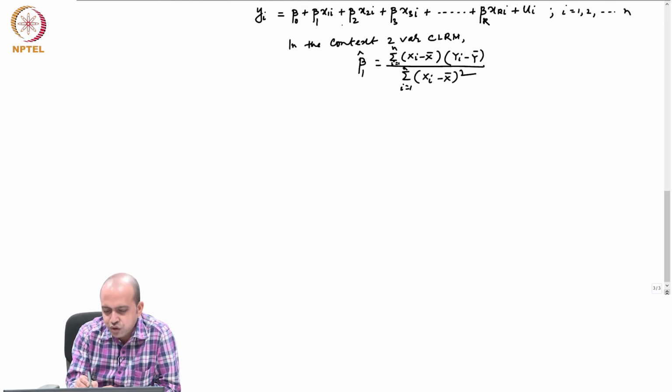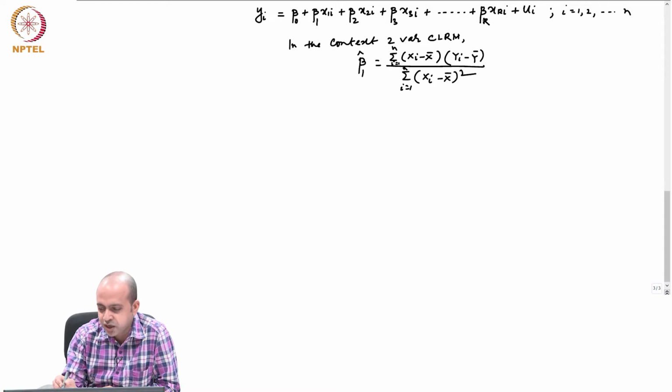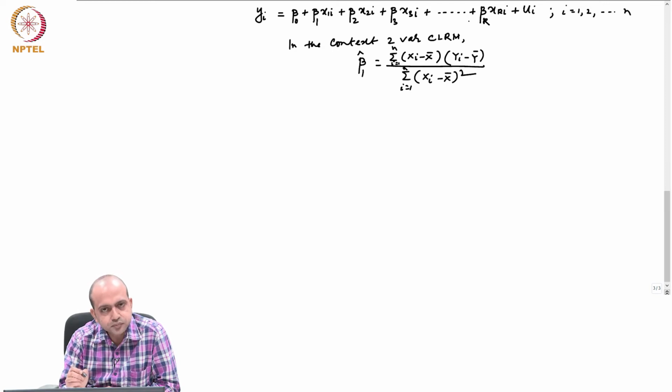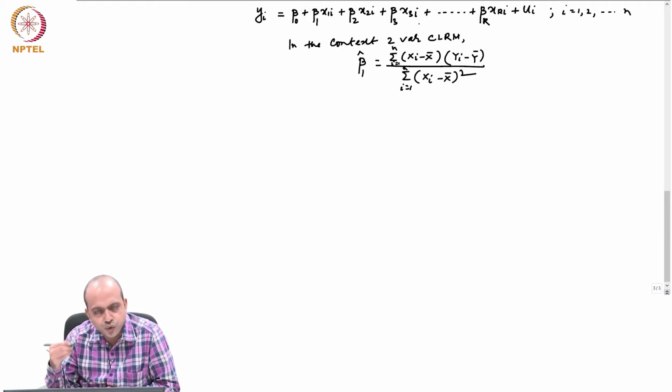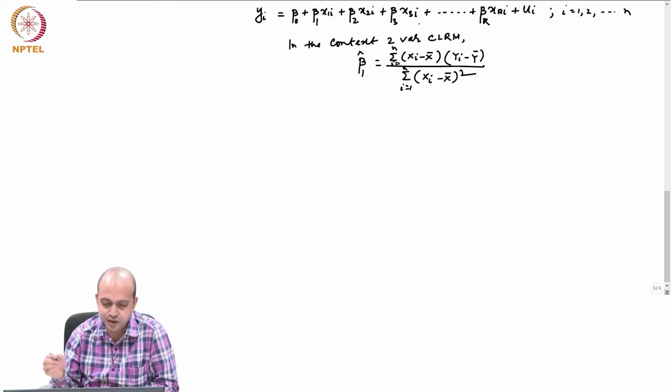This equation, yi equals beta 0 plus beta 1 x1i plus beta 2 x2i and so on, is for the ith individual. We can substitute i for 1 to get the equation for the first individual, i for 2 to get the equation for the second individual, and likewise for the third, fourth, up to the nth individual.